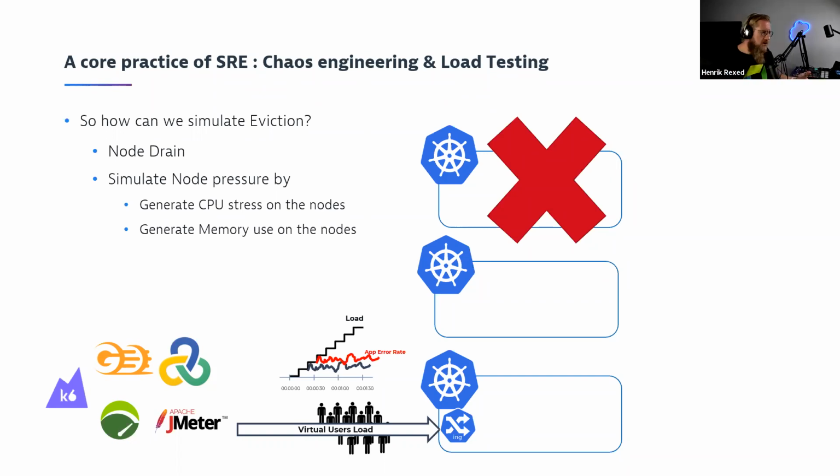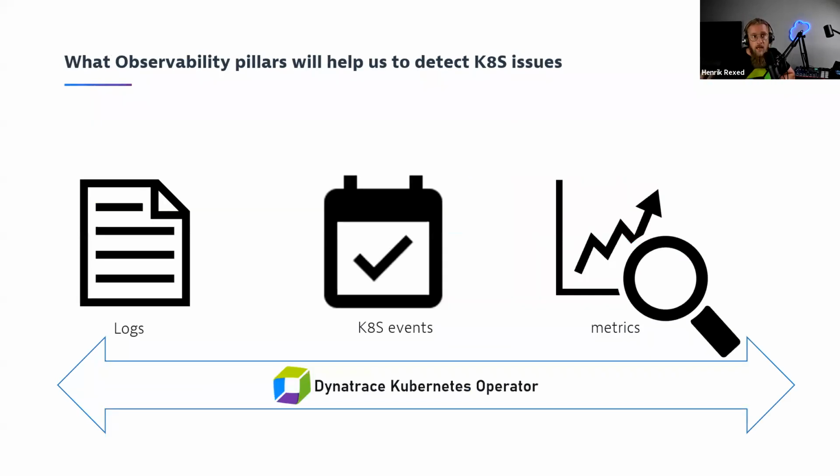So now we know how to do that. Now, in my case, in this small animation, we know that this node is stressed. So we may think that the workload will come back to the third node. So now, what are the observability pillars that we need to pay attention to when we have to deal with those issues?